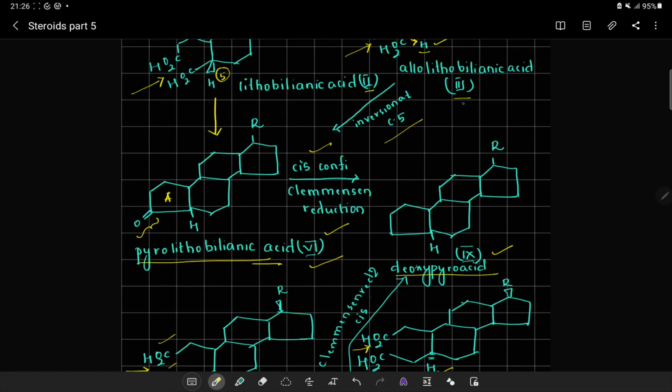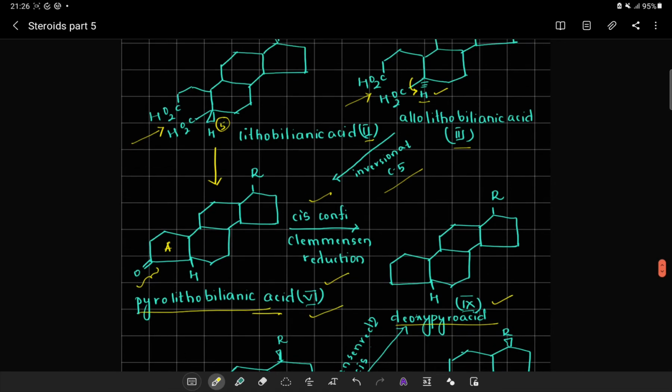Now we can see that compound number 3 is allolithobilyanic acid. It has yielded compound number 6, that is pyrolithobilyanic acid. It means that there must be an inversion taken place at C5, either via an enol form involving the adjacent carbonyl group or by the carboxylic group before cyclization.